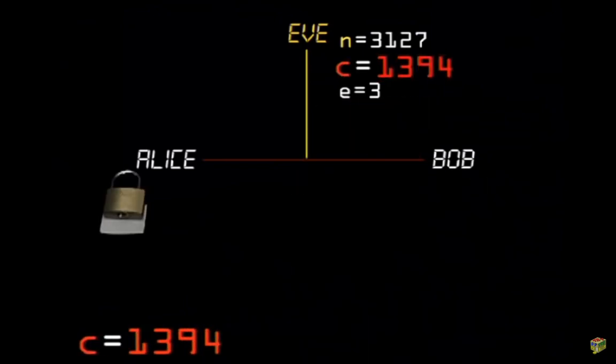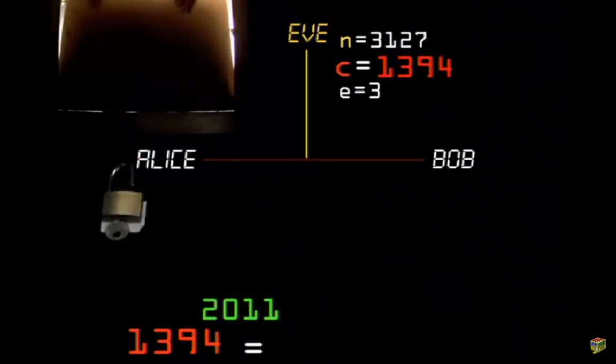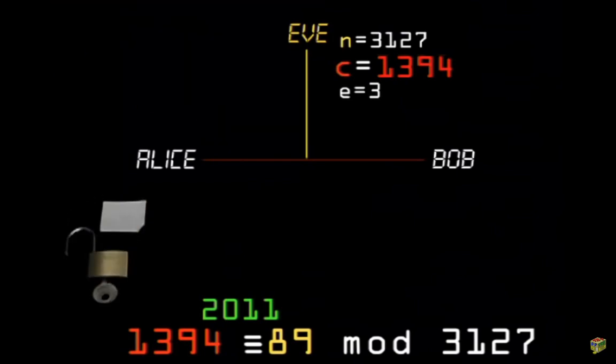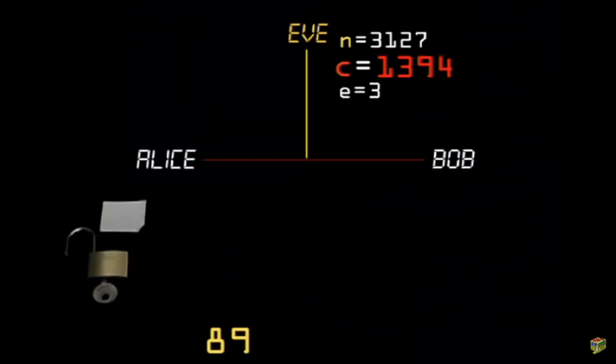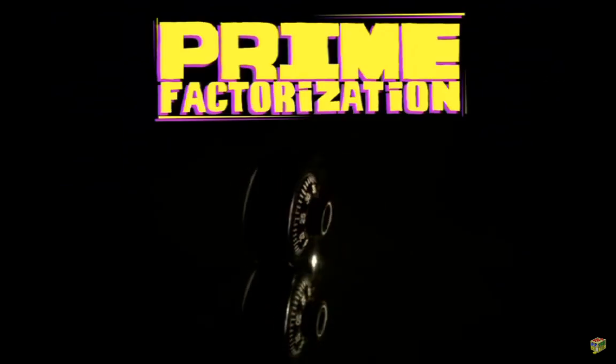Finally, Alice decrypts his message using her private key, D, accessed through her trapdoor. C to the power of D mod n equals Bob's original message M. Notice that Eve, or anyone else with C, n, and e, can only find the exponent D if they can calculate phi n, which requires that they know the prime factorization of n.